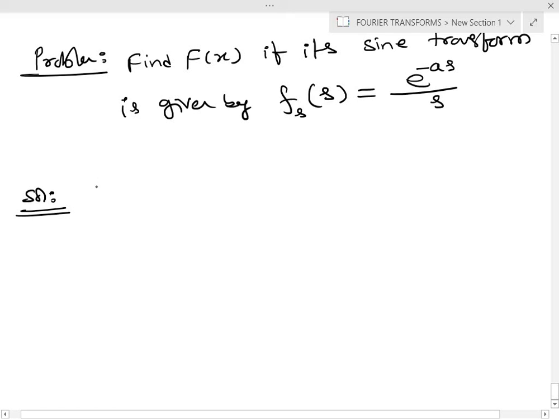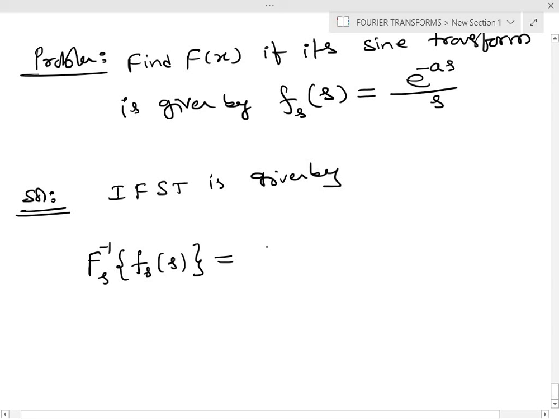No doubt we need to approach through the fundamental definition. The inverse Fourier sine transformation is given by 2 by pi, integral 0 to infinity f of s into sine of sx, remember, integration with respect to s, the parameter.